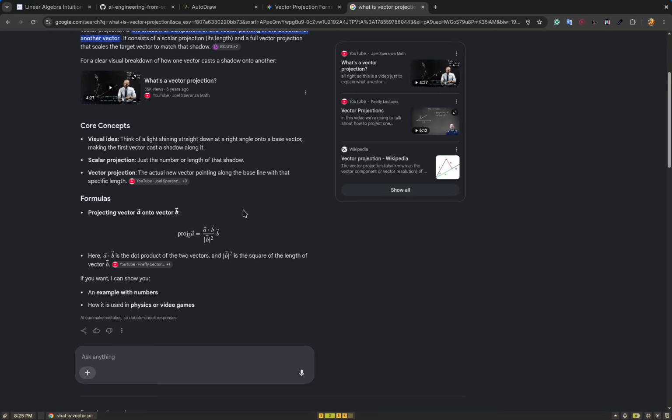If it's the vector projection, it's going to be in the direction of B. So the projection of A on B forms a shadow over here, in the direction of B. So substitute this with B and divide by B magnitude. At the top it becomes A dot B, B, and at the bottom it becomes B magnitude squared.